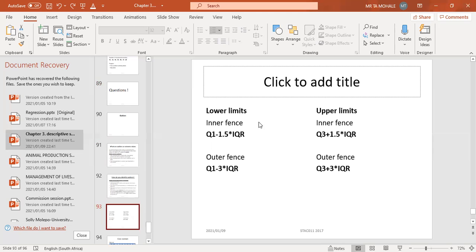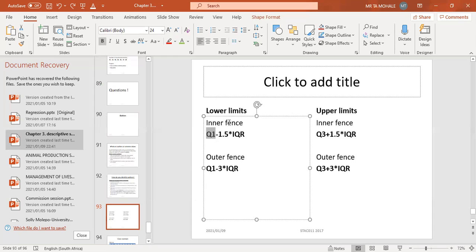To get the lower inner fence, you take your Q1 and subtract 1.5 IQR. When they say lower, you are supposed to use Q1, because Q1 is the lower quartile. So the lower fences are associated with Q1.